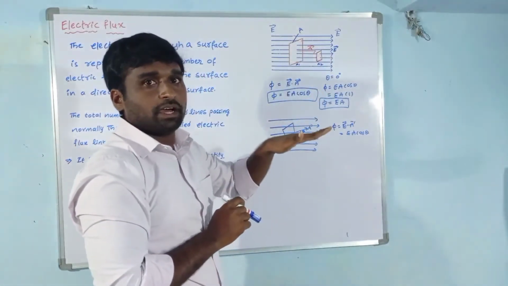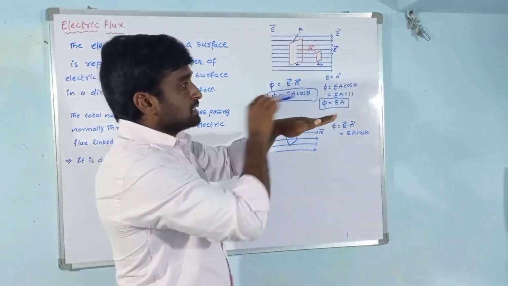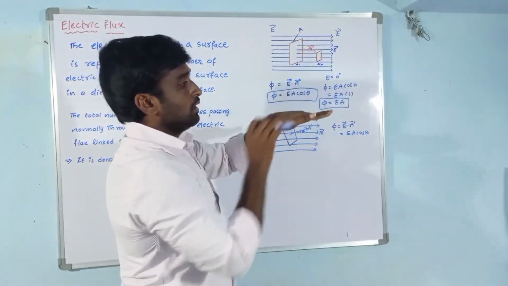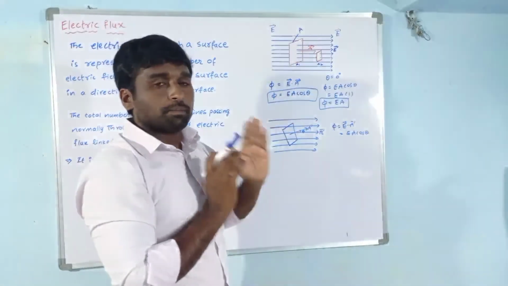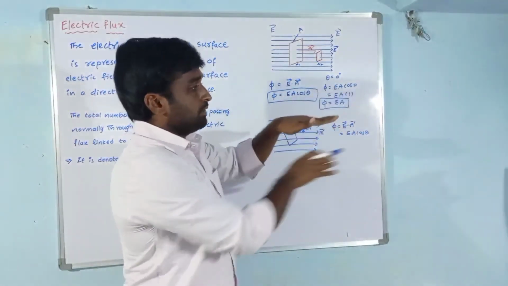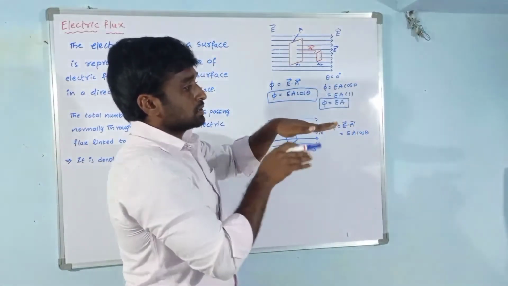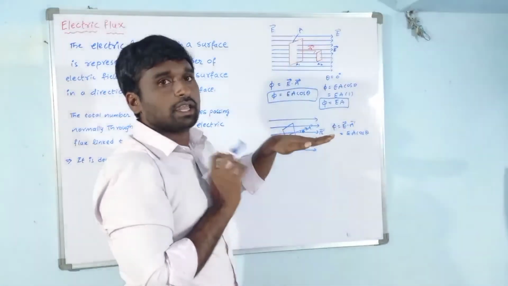But suppose we take the plane surface in this way, with the electric field lines passing like this. That means the plane surface is parallel to the electric field lines. In that case, what is the electric flux?